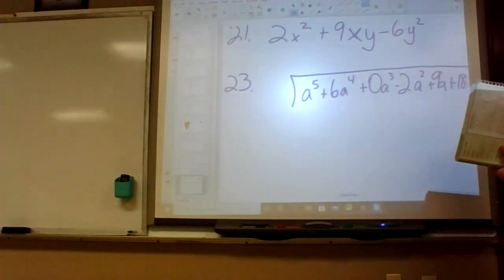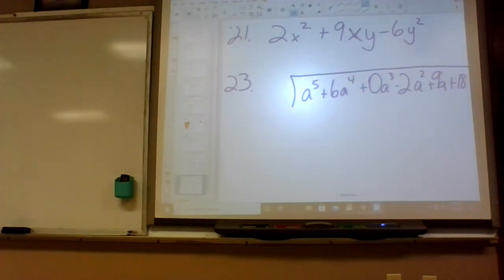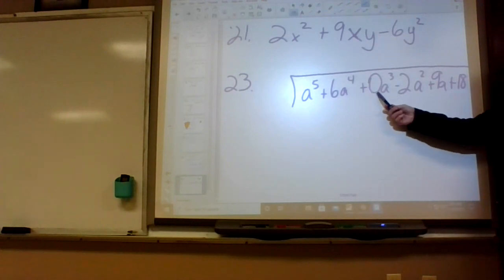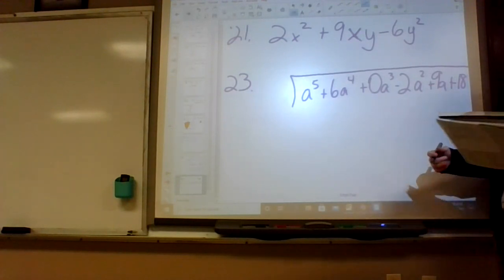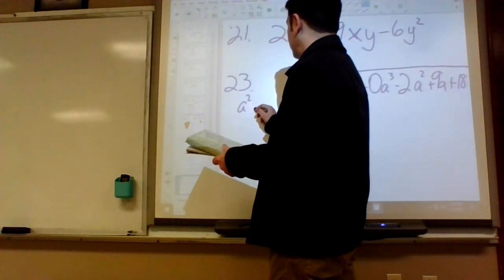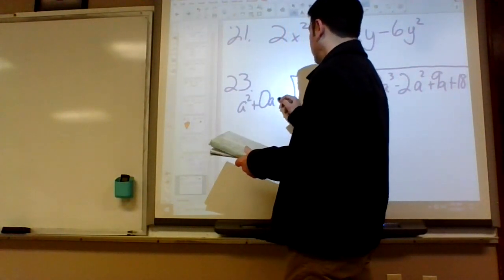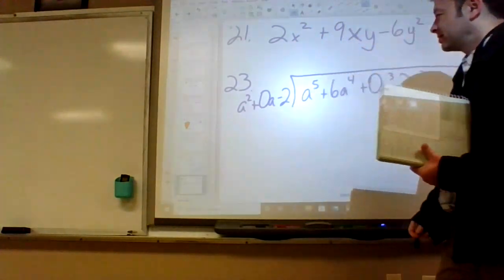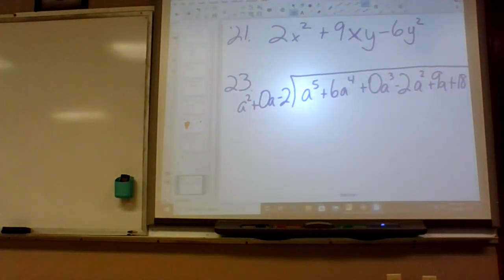Not only is the dividend missing a term, the divisor is also missing a term. We're dividing by a squared minus 2. It's a 3-term divisor. I'm just gonna flip over the page for this one.